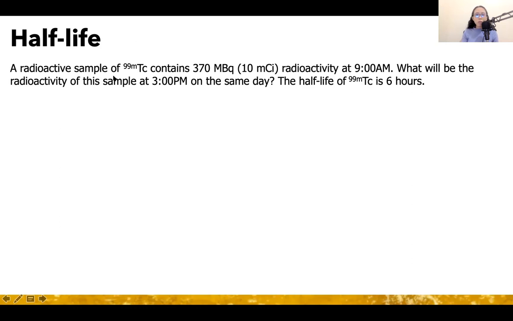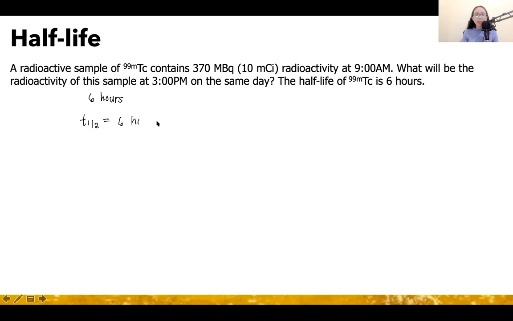How much time elapsed from 9 a.m. to 3 p.m.? It's 6 hours, right? And we are given the half-life of metastable technetium-99, which is also 6 hours. So what does this mean?